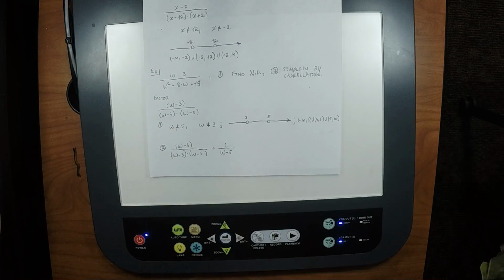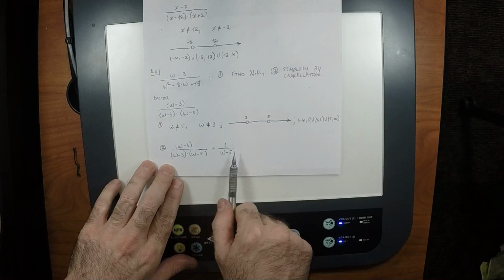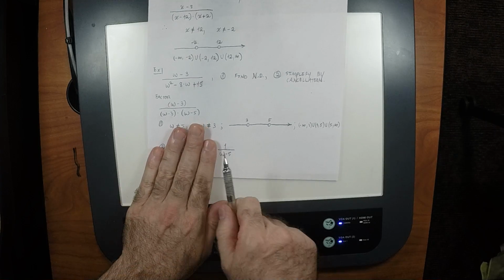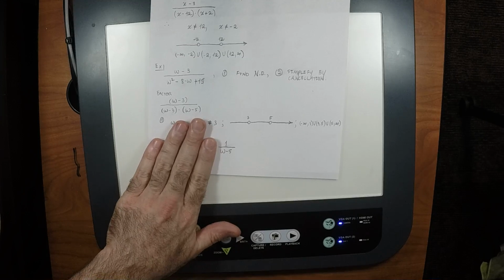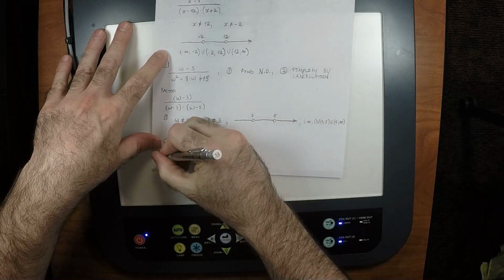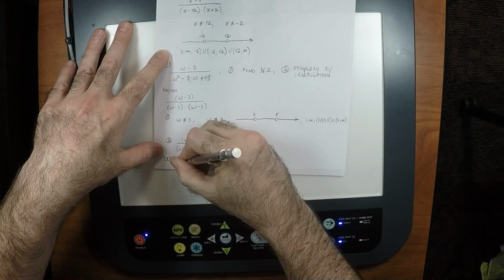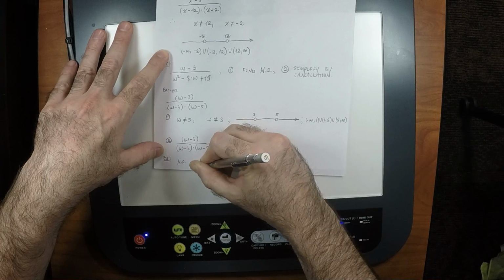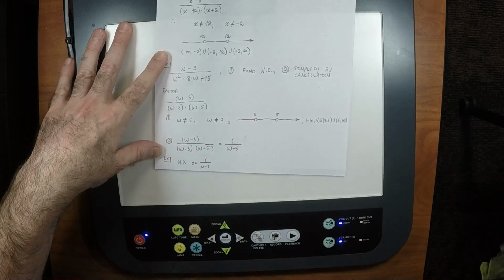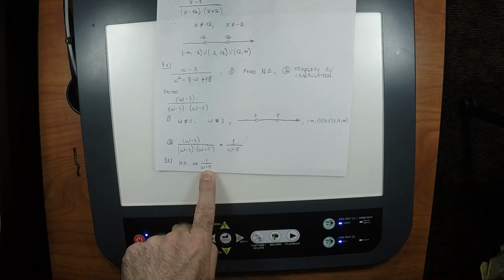All right, so I want to make something clear, and that is the cancellation from here to here. If as a completely separate exercise I was to give you and ask, find the natural domain of 1 over w minus 5, can this one be evaluated at 3?